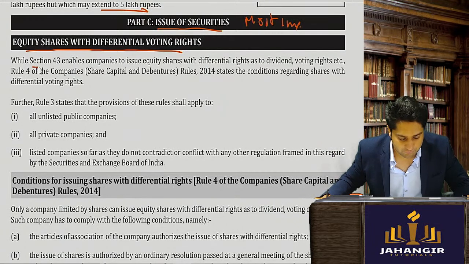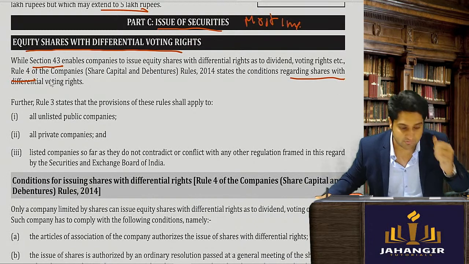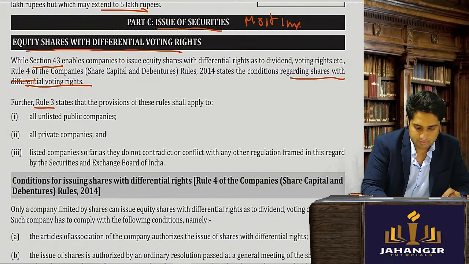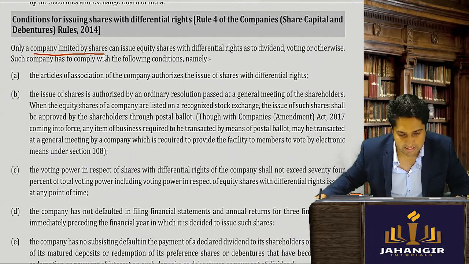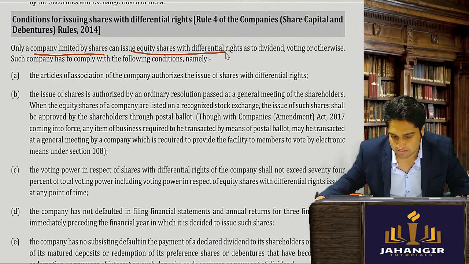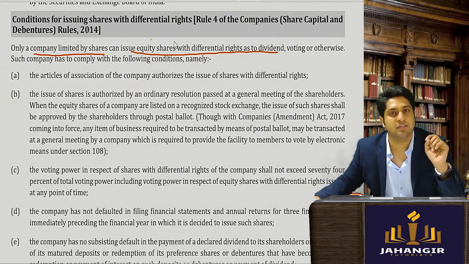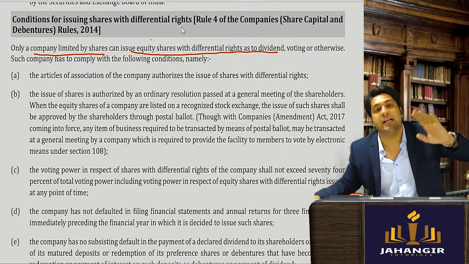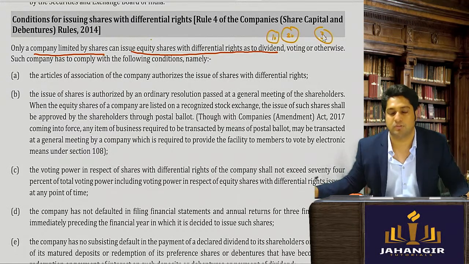Section 43 read with Rule 4 states the position regarding shares with differential voting rights. First, only a company limited by shares can issue equity shares with differential voting rights. Remember, I told you in the start, though it is called differential voting rights, the differential rights could be with respect to dividend, with respect to voting, or otherwise also.